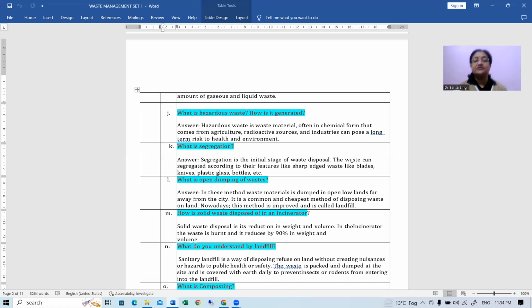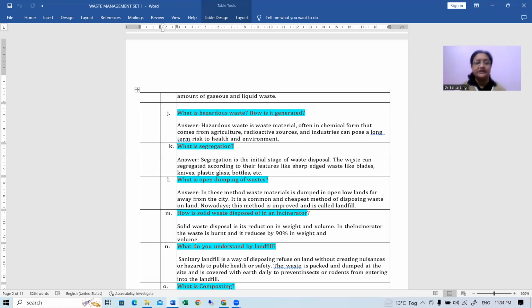It is dumped in open lowlands, generally far away from the settlement areas, the cities or any settlement areas. So it is a common and the cheapest method of disposal of the waste. But it causes a lot of negative impacts on the environment and the surroundings.